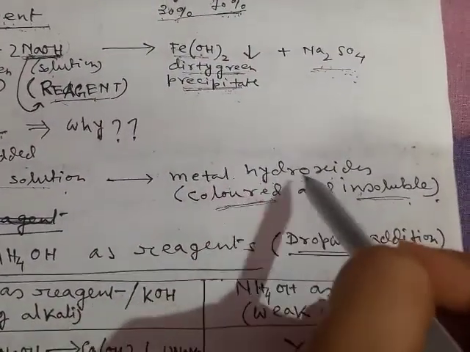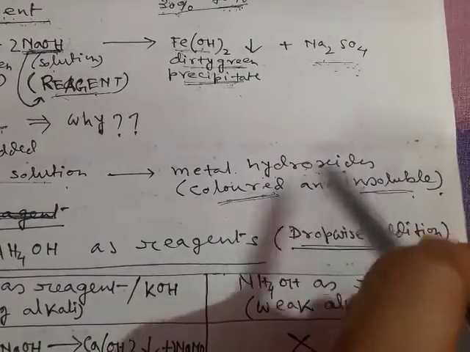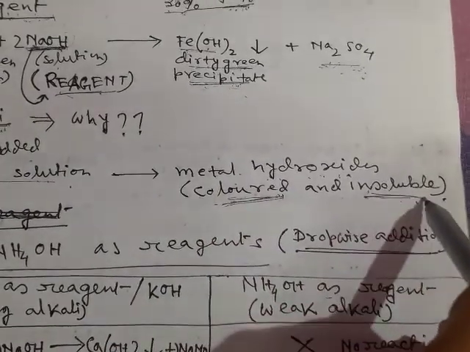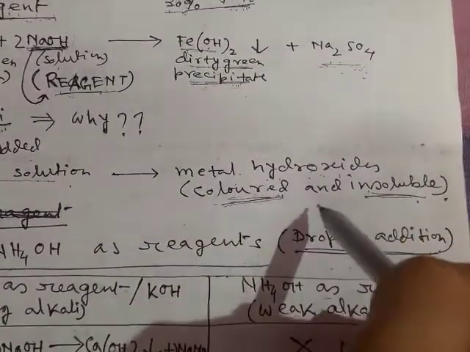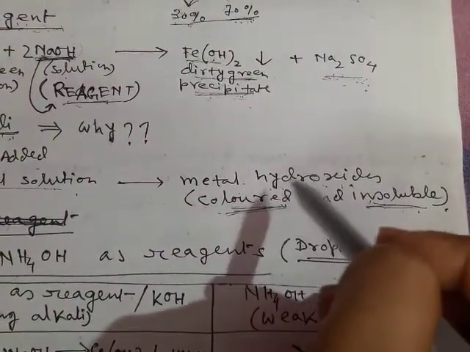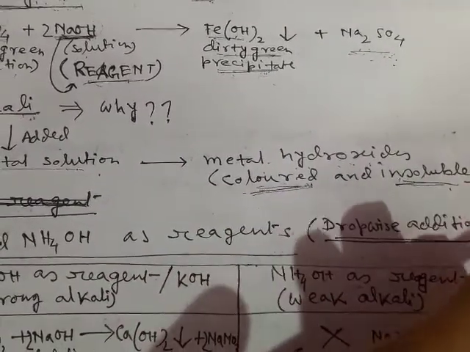These metal hydroxides, mainly for transition metal ions, are colored and insoluble. So from the specific colors of the hydroxides, we can identify the metal ions.